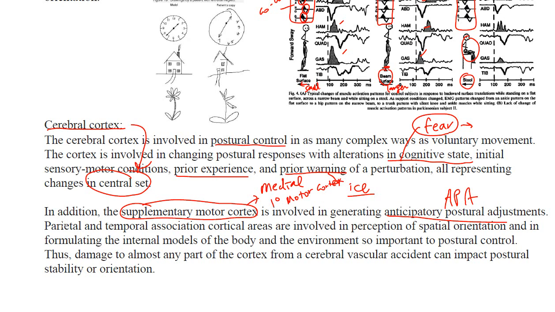The other parts of the cerebral cortex, especially the parietal lobe and temporal cortical areas, are related to spatial orientation, which is crucial in recognizing the relationship between environment and body.